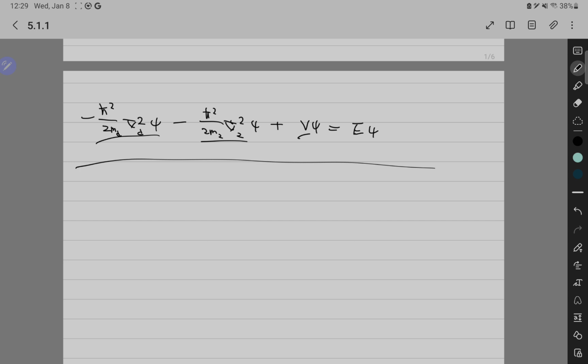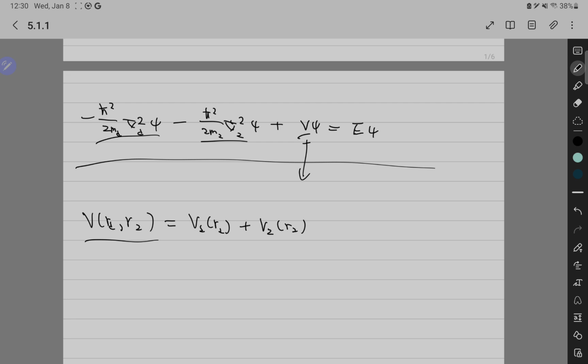So you can imagine them to be independent of each other. In that case, the total potential energy is the sum of the two. So we usually write the potential as V(R1, R2), and now it can be broken down as V1(R1) plus V2(R2).